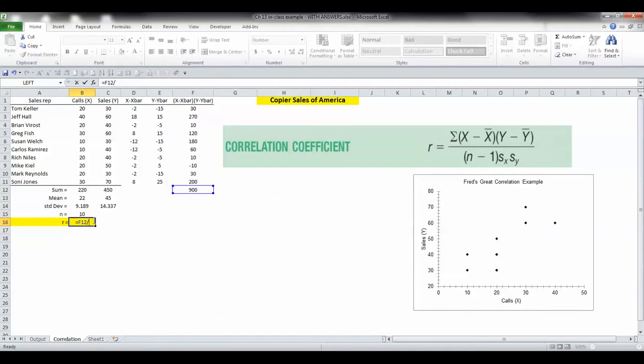N is 10, so 10 minus 1 is equal to 9, but for the sake of argument, we'll put it in. And then we multiply that times our standard deviation of x and our standard deviation of y, and that should be about right.